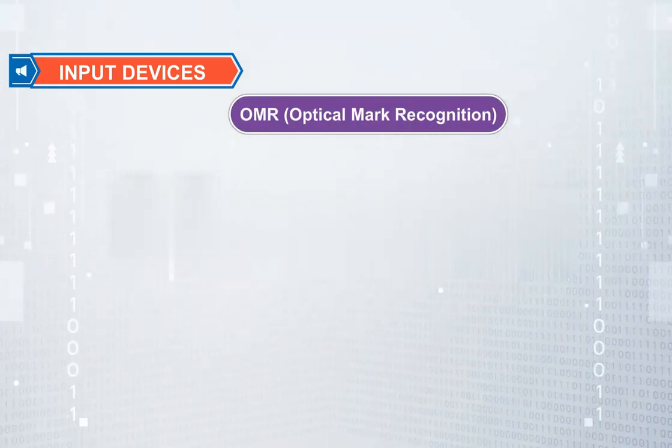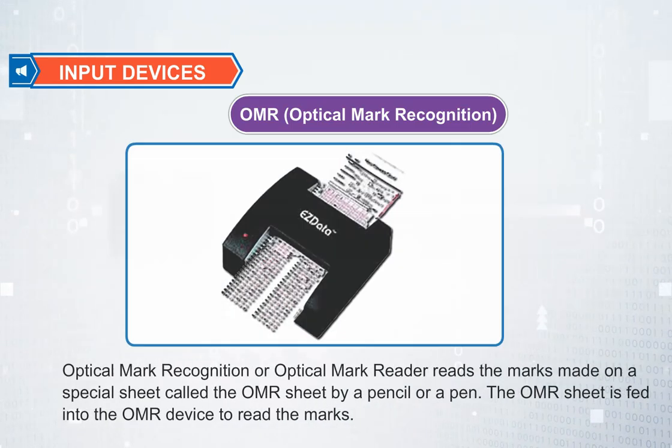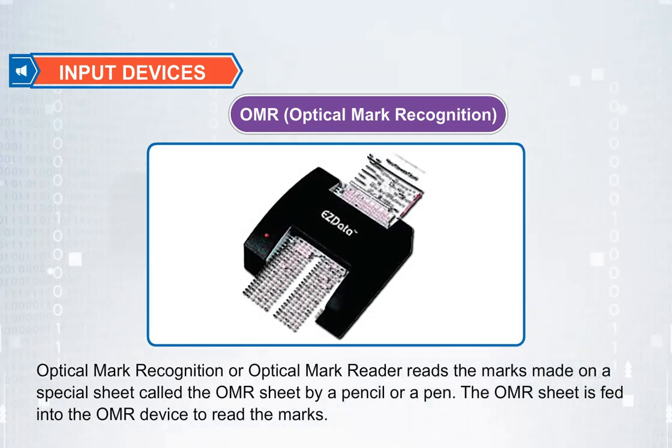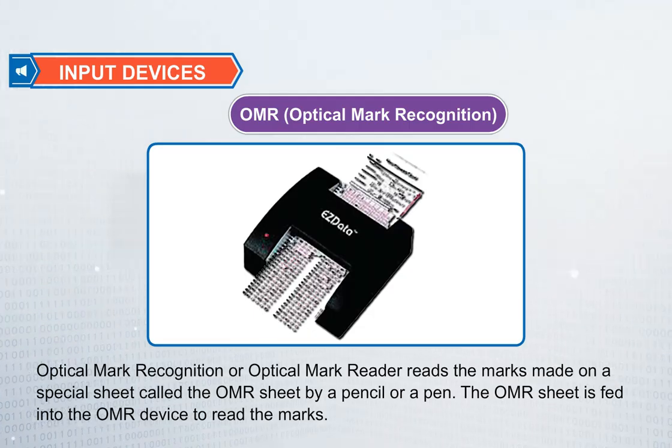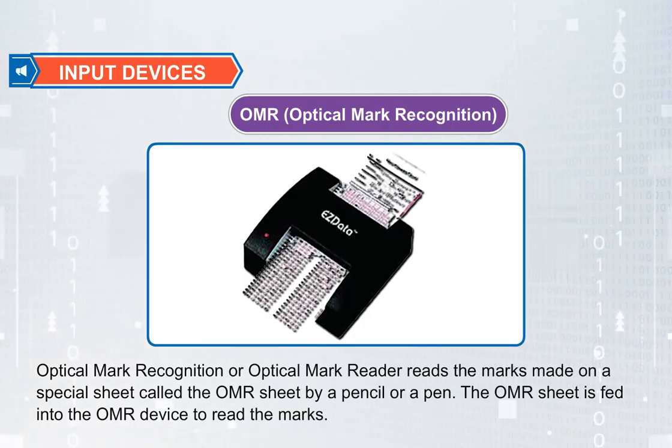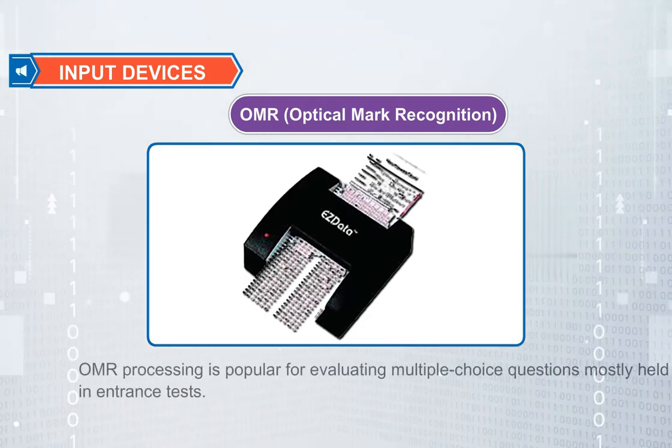OMR, Optical Mark Recognition. Optical mark recognition or optical mark reader reads the marks made on a special sheet called the OMR sheet by a pencil or a pen. The OMR sheet is fed into the OMR device to read the marks.